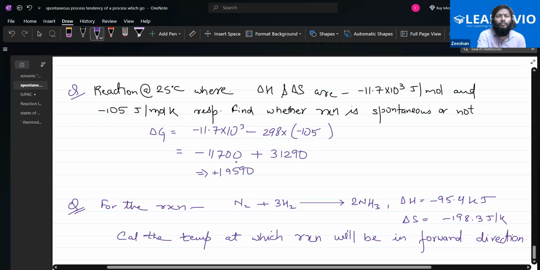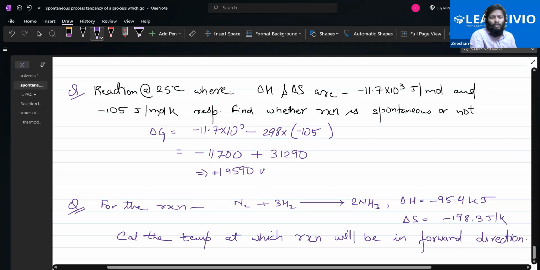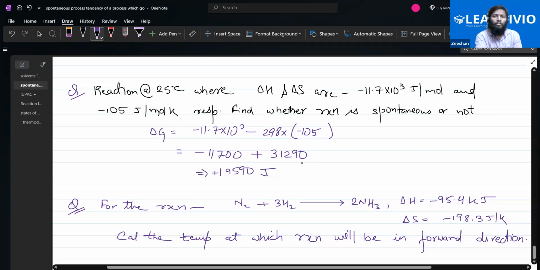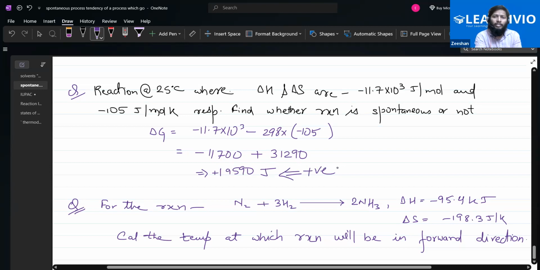Since this is positive, you can see this is 31,000 and this is 11,000. In an MCQ, you don't have to finally write the answer, because you can already see that this is a non-spontaneous reaction. The answer will be in positive only, right? So since this is positive, the reaction will be non-spontaneous, right?